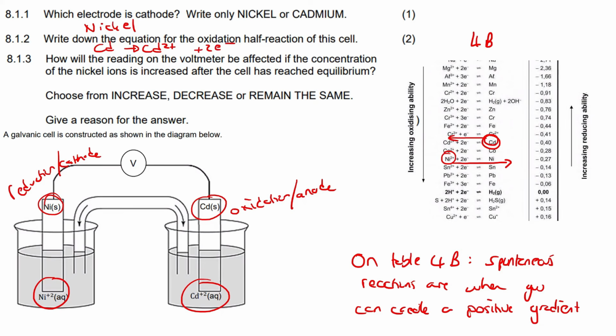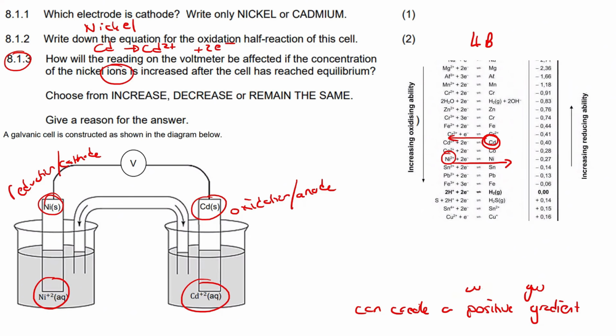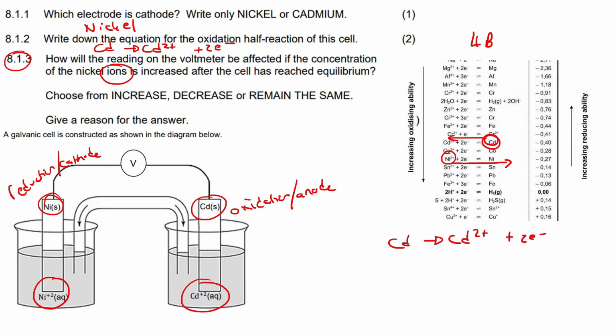How will the reading on the voltmeter be affected if the concentration of the nickel ions is increased after the cell has reached equilibrium? To understand that kind of question, we have to write out the balanced equation first. The oxidation reaction, which we've already written down, goes like this, and then the reduction reaction goes like that.